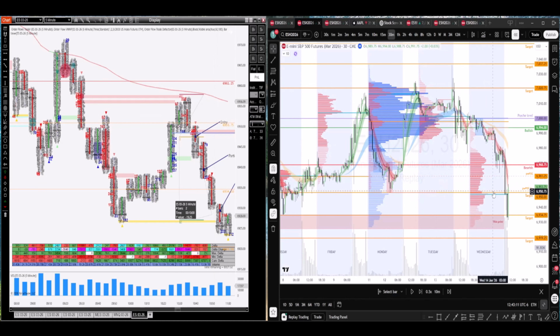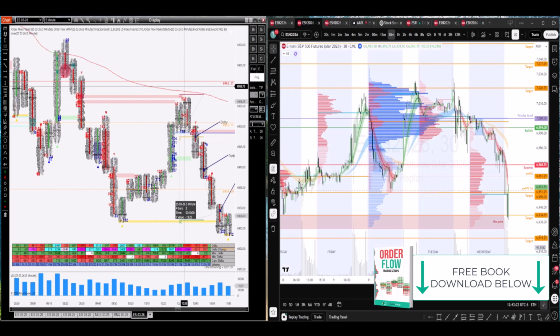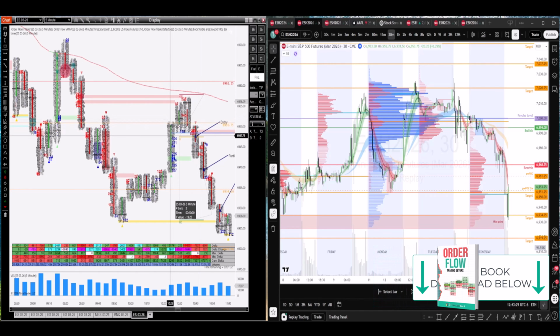As we broke into this upside, we look to our left and we can see that we have a massive sell stack right through here on the way down. This massive sell stack, coupled with this little zone, 61.25 to 69.50, was a prime area to look for failure.